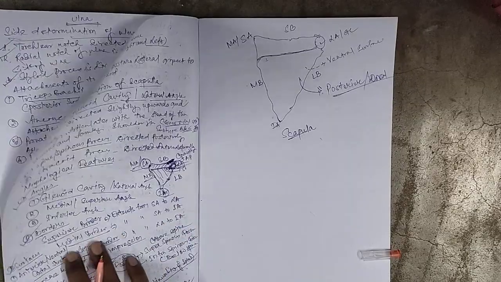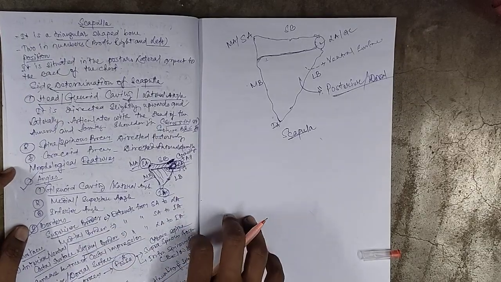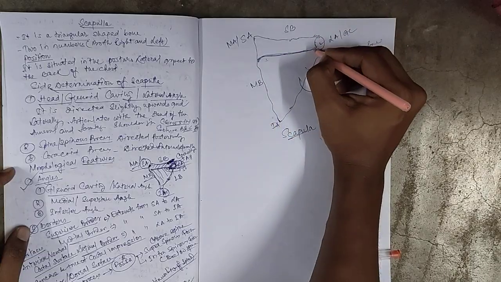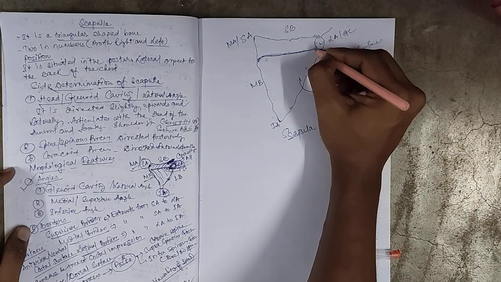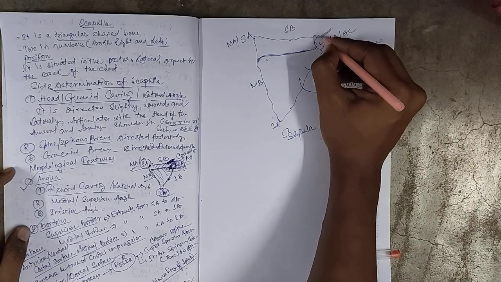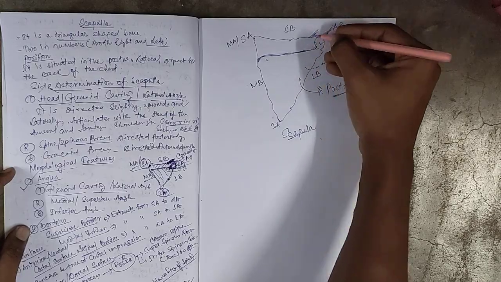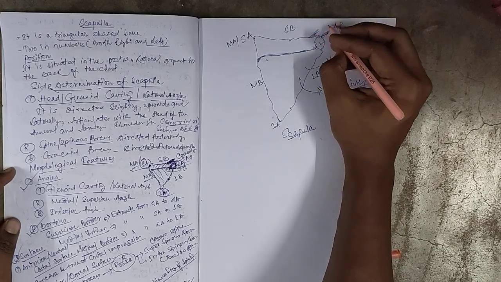And in the next part we have discussed the processes, like this one is the spinous process. Here you can see one process also, that is the acromion process, and there is the coracoid process.